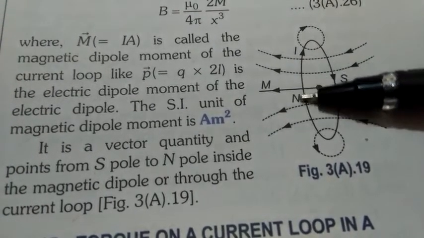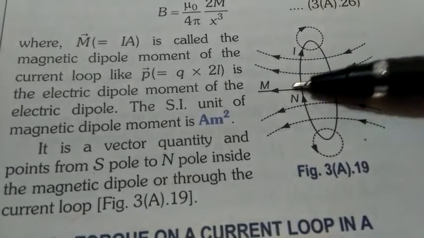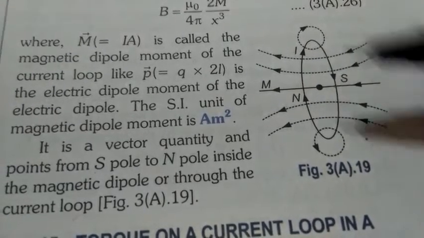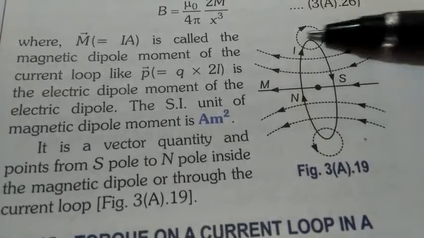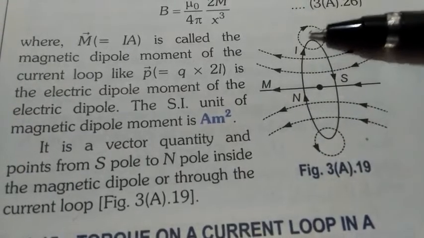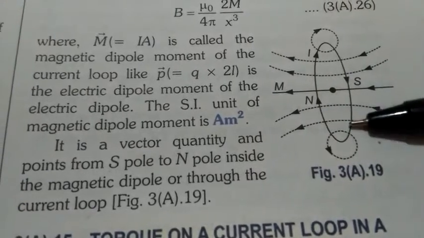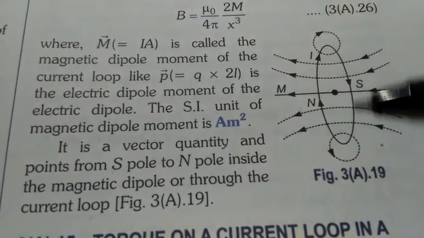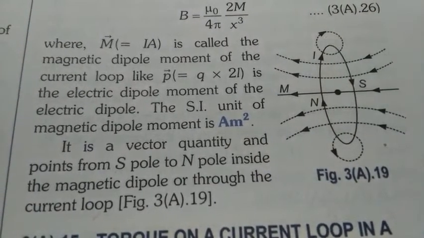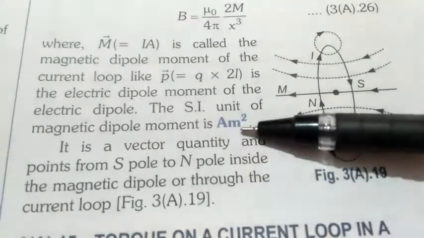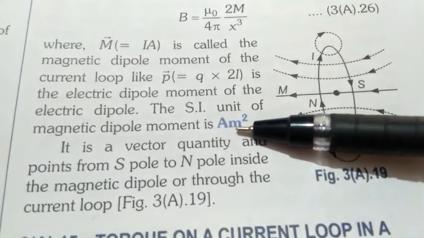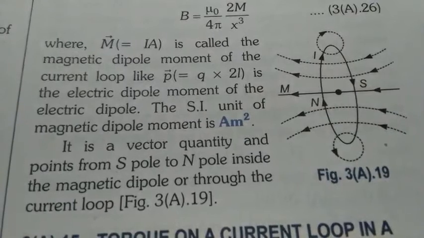So two poles are generated, north pole and south pole. So in the circular loop, two poles of electric field as well as two poles of magnetic field appear. That's why it behaves like a magnetic dipole as well, and the unit of this magnetic dipole moment is ampere meter square.